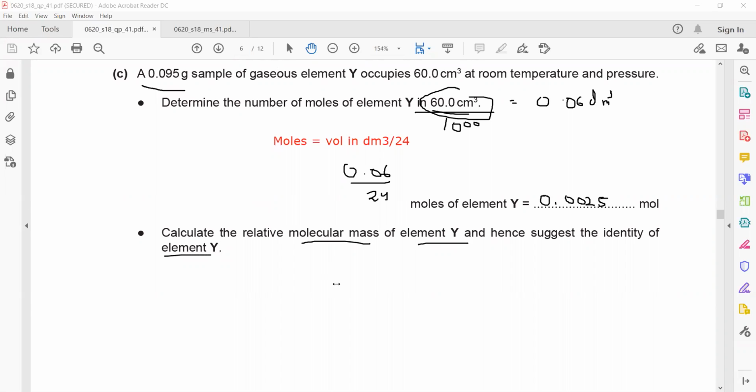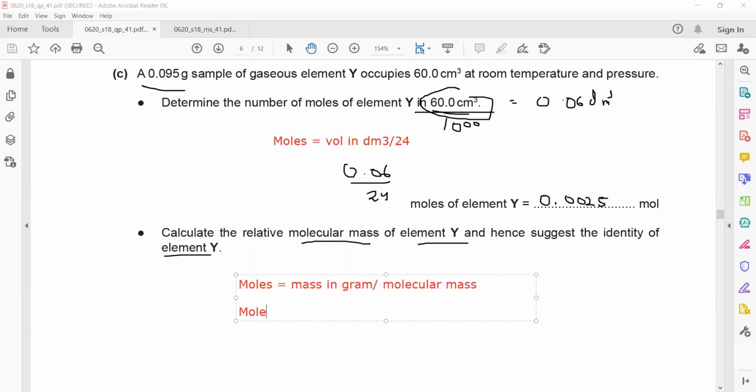So we have the formula moles equals mass in gram divided by molecular mass or atomic mass. If the element exists as a molecule, then it will be molecular mass. If the element exists as an atom, then it will be atomic mass. But our subject here is molecular mass.